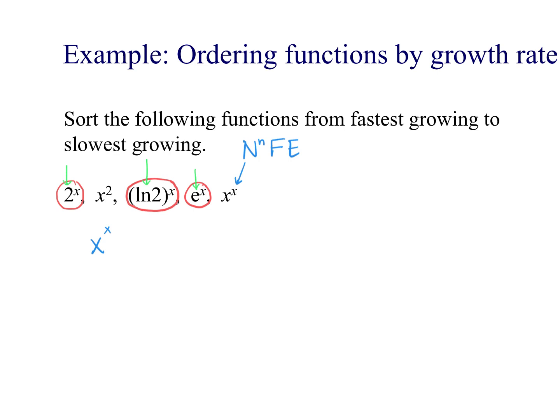So if we're going to put these in order, e to the x would come first because its value is larger than 2. 2 to the x would come next, and then the natural log of 2 as a quantity to the x power would come fourth. Then we get to P for polynomial, so x squared is next, and then L would be last if we had any logarithms.